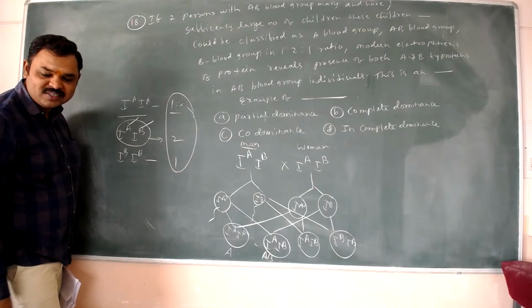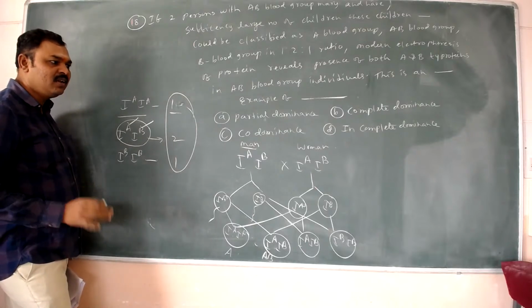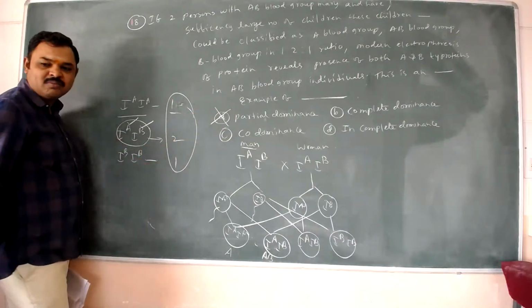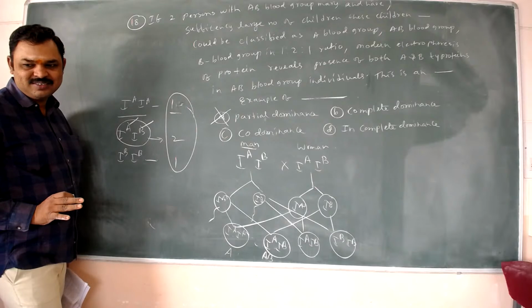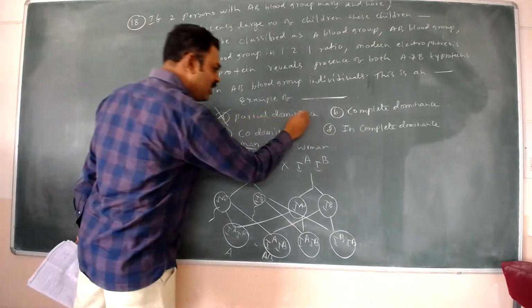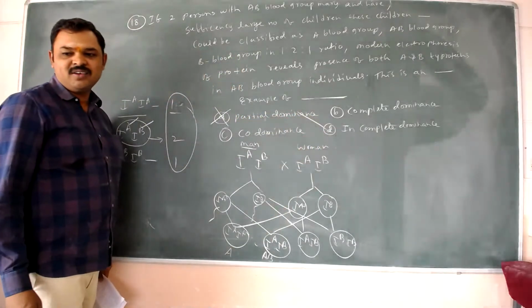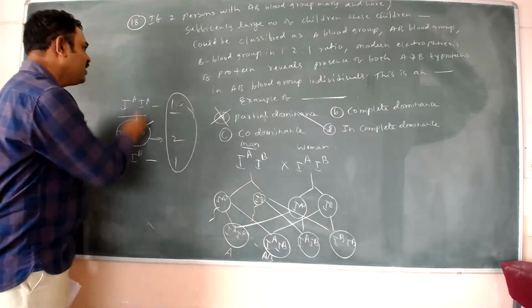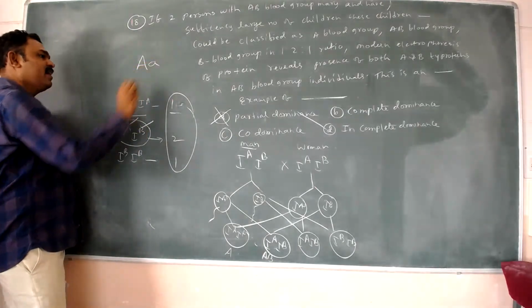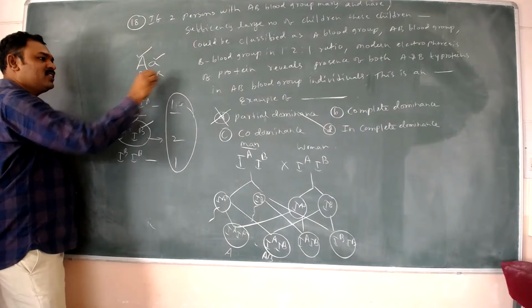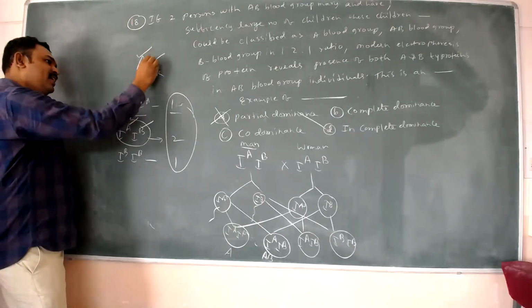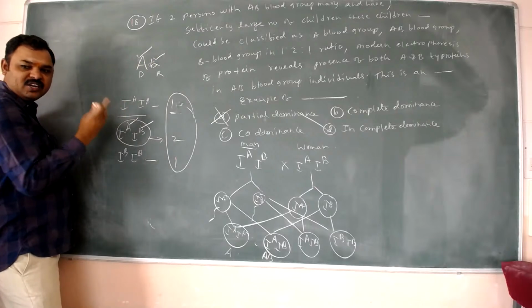What is the reason? Partial dominance means incomplete dominance. Partial and incomplete are the same here. Suppose A is a dominant allele and the other is a recessive allele. Suppose you take 2 different alleles.